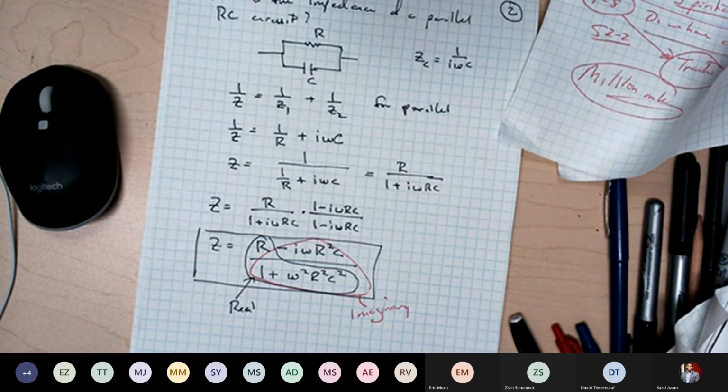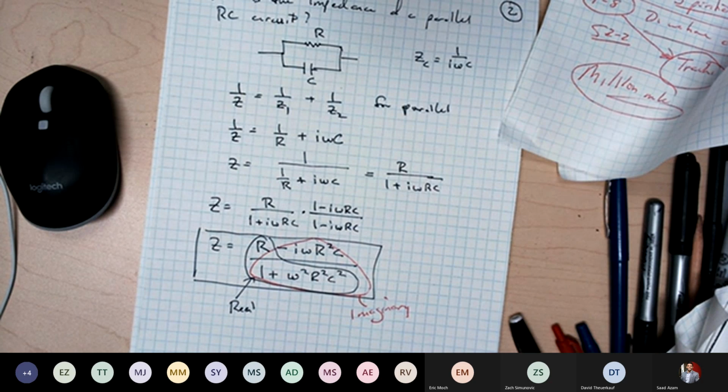If you're talking about a resistor, the current and the voltage are exactly in phase. So it means the current response is a maximum when the voltage signal is a maximum, and the current response is a minimum when the voltage stimulus is a minimum.